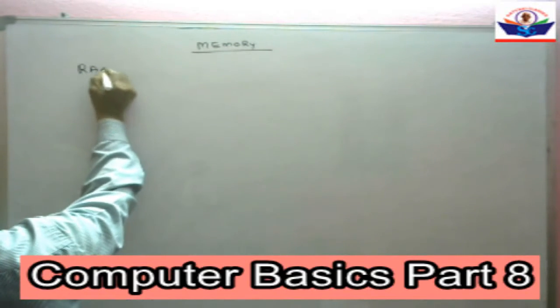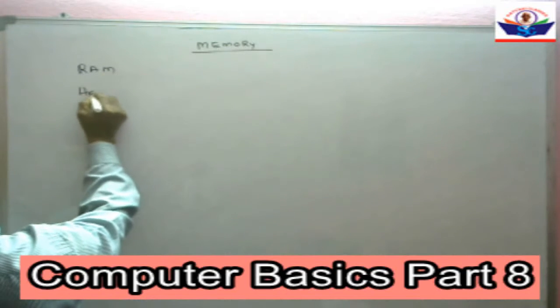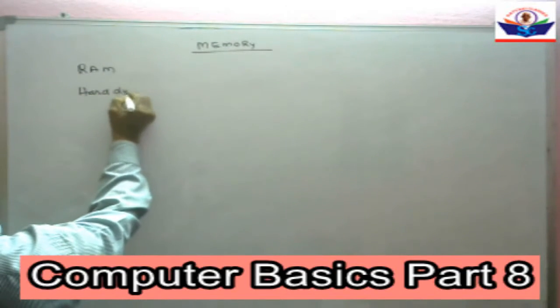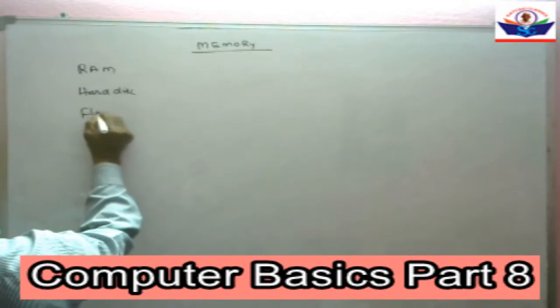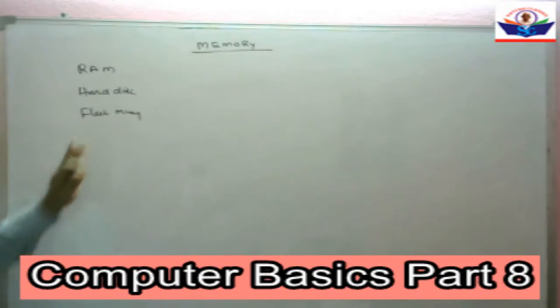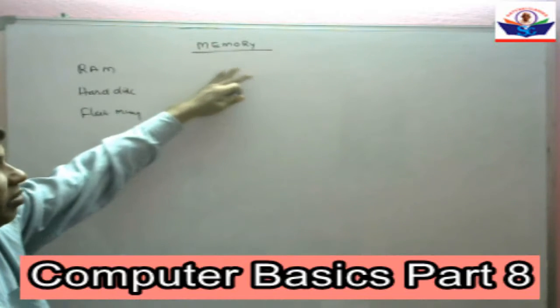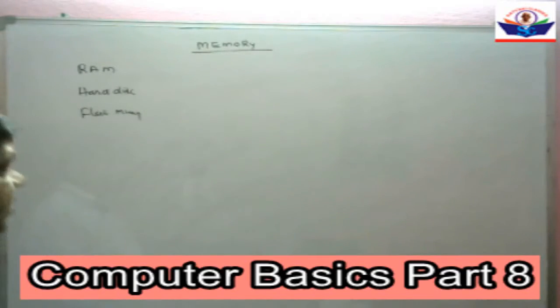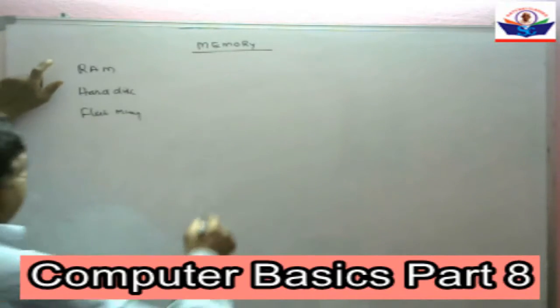Now, RAM, hard disk, flash memory. In memory we have different types of memory like RAM, hard disk, flash memory.